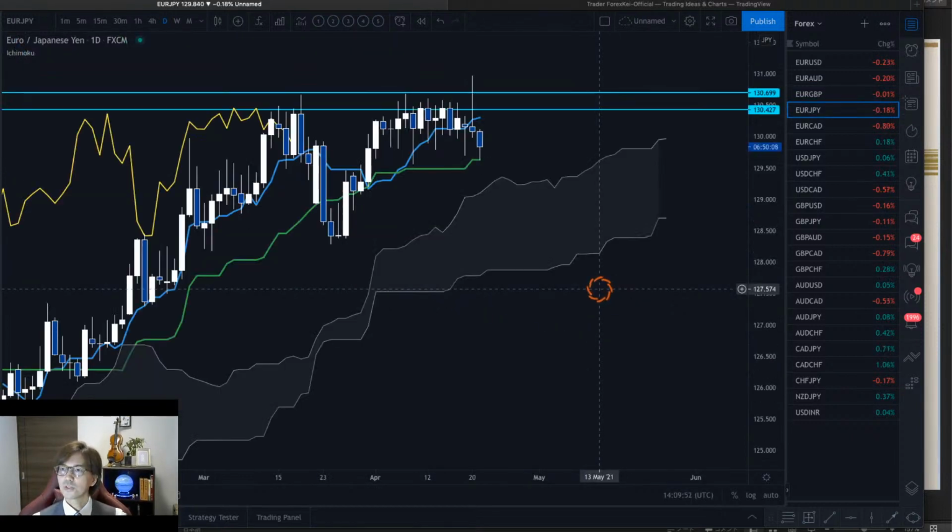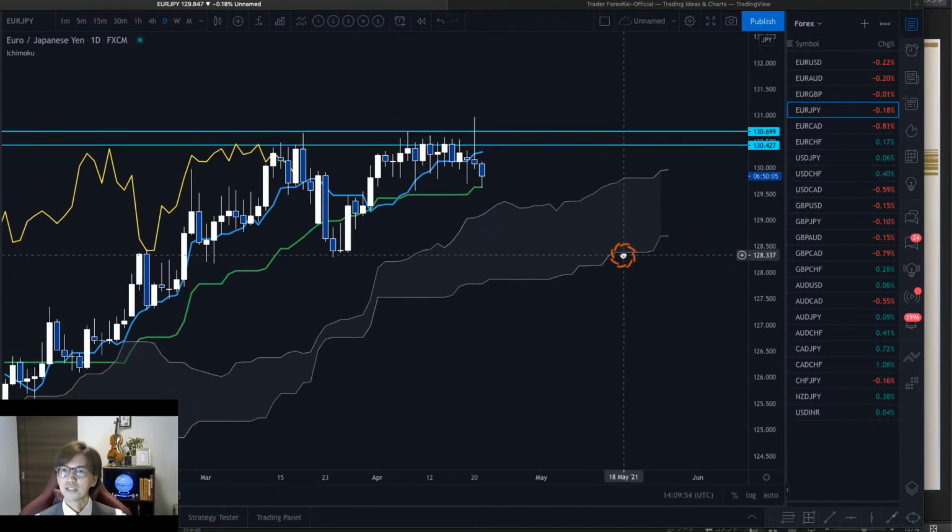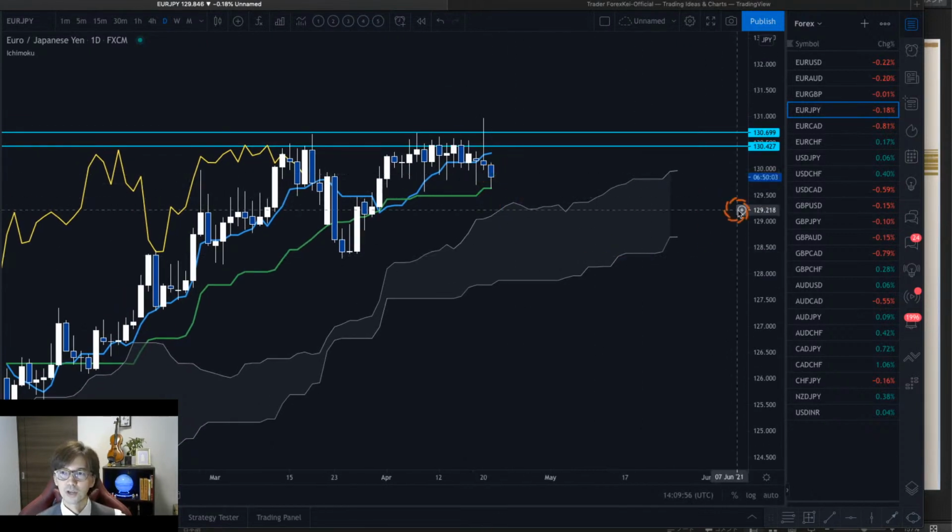So Euro JPY in the daily chart, this is still bullish because the Kumo is still sloping up, and the Kijun Sen is flat, and the price is retracing backwards, with the Chikou span overlapping. So this is bullish momentum, but direction wise it's flat.